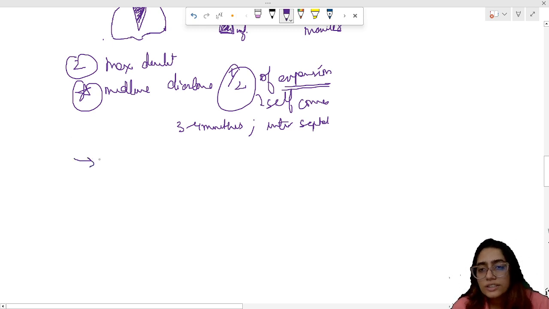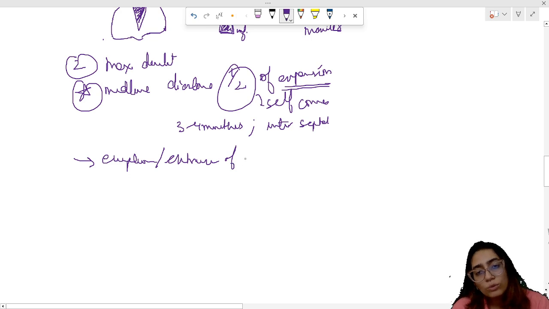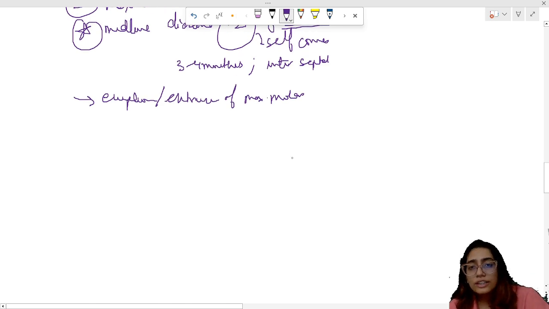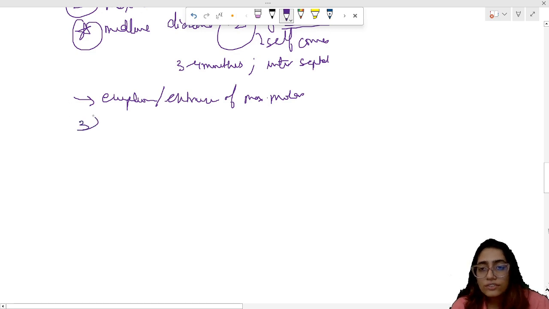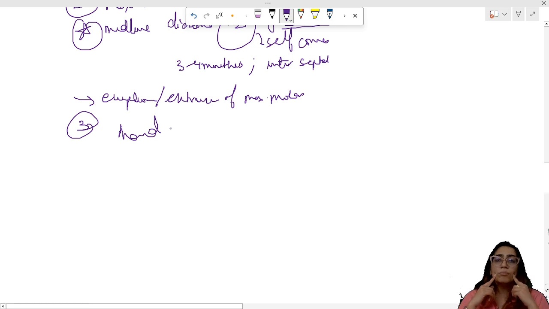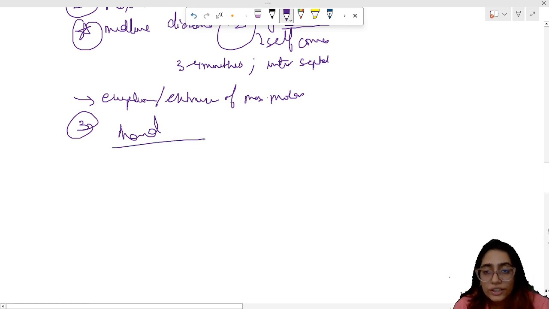In the posteriors, there will be extrusion of the maxillary molars, as we previously discussed. So what will happen with the extrusion of the maxillary molars? It will have some effect on the mandible. So when the maxillary molars erupt, it will cause the mandible to open, right? So it will cause some more vertical growth pattern.